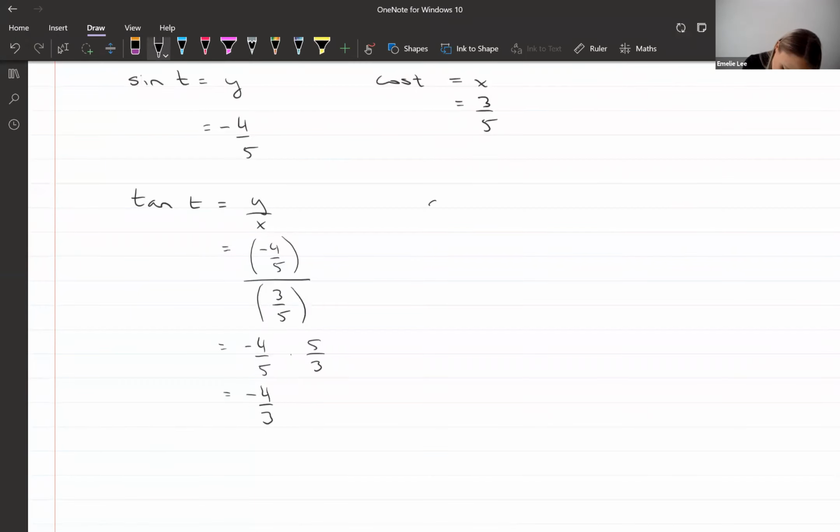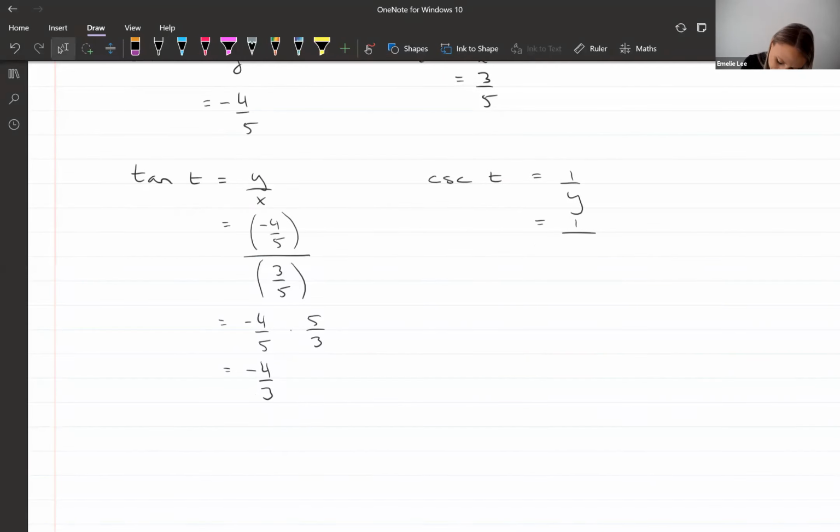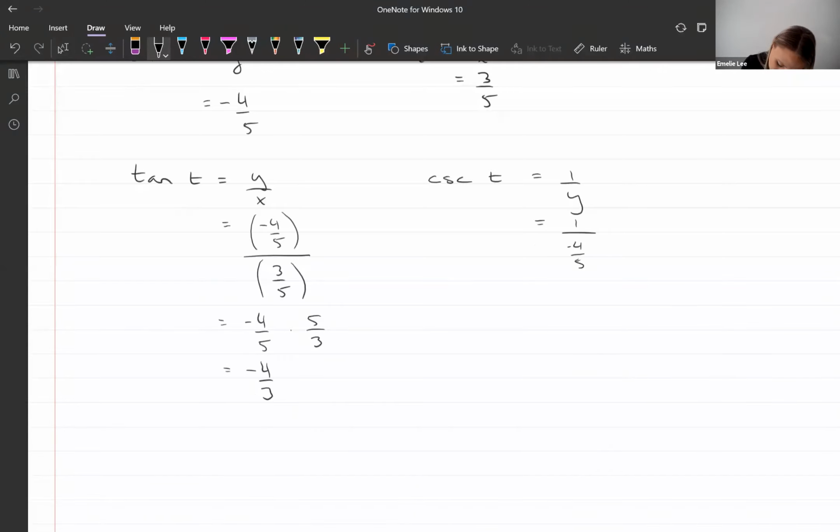The next trig function I'm going to find is the cosecant of t, which is 1 over y. 1 over y in this case is 1 over negative 4 over 5. Flip and multiply, right? 1 over 1, it's just 1.